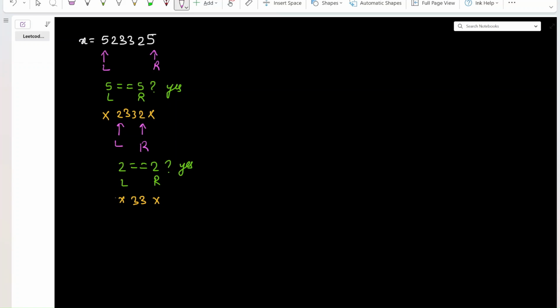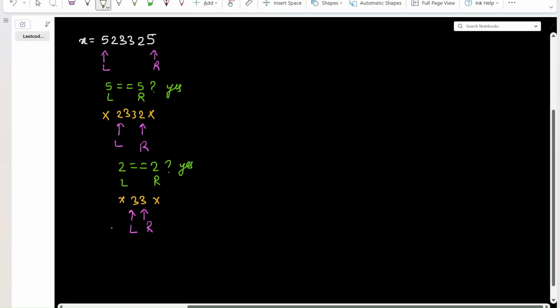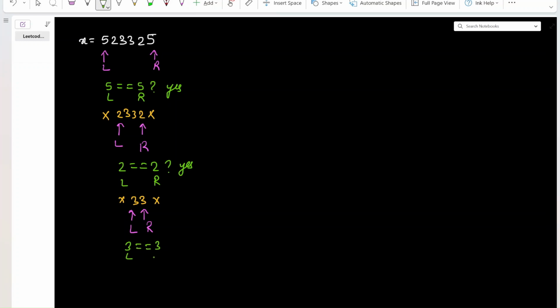Now again, we are going to find out what is the leftmost digit and what is the rightmost digit. So this is the leftmost, this is the rightmost. Next, we again check whether the leftmost is equal to the rightmost. This is left, this is right. Is it true? Yes, it is true. Then again, we will forget about the numbers. Is there any leftover? No, we have reached the end of the digits.